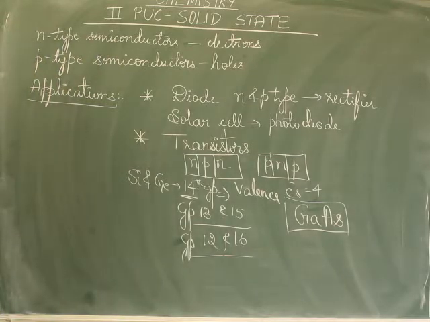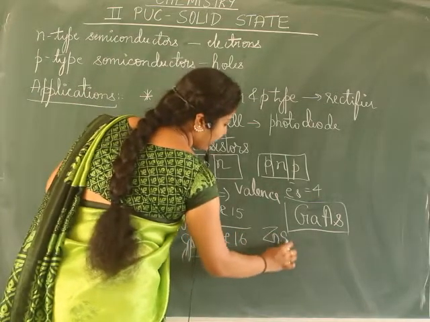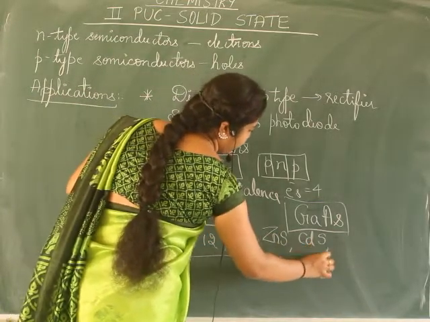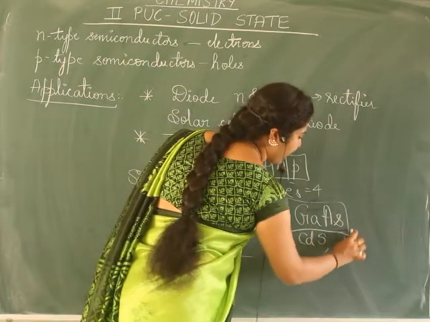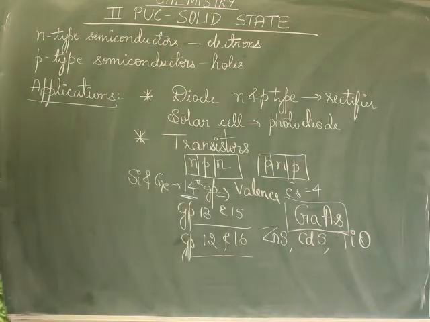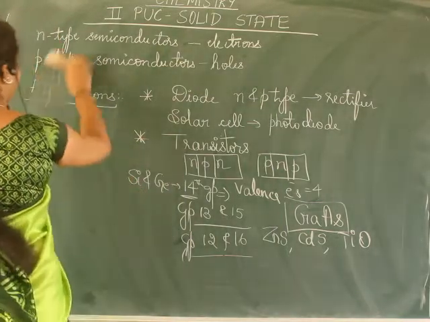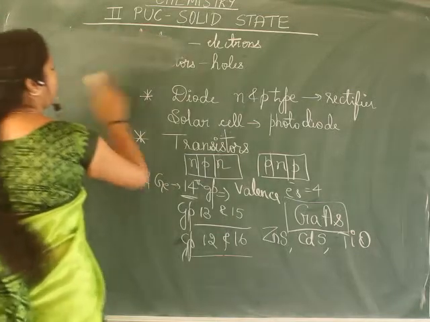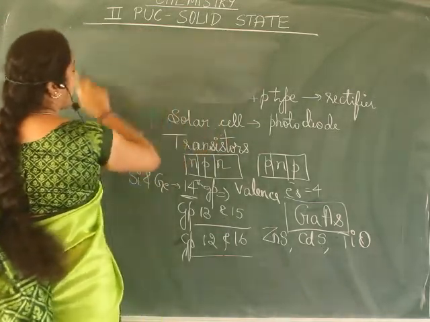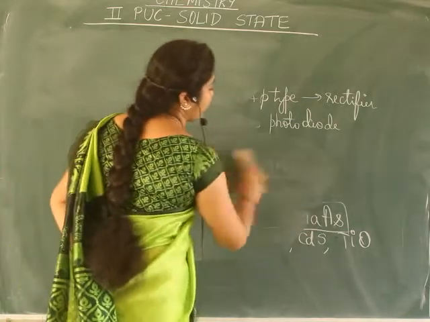There are many other examples, like zinc sulfide, cadmium sulfide, titanium oxide, etc. These are formed by the combination of elements of neighboring groups compared to group 14 elements. That's about the electrical properties which we have studied for solids.